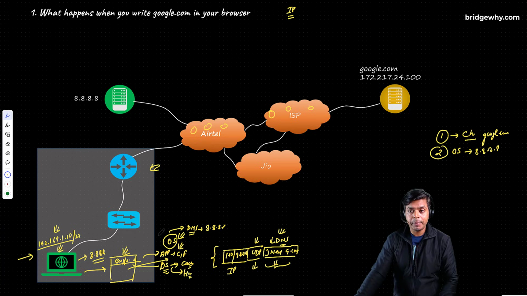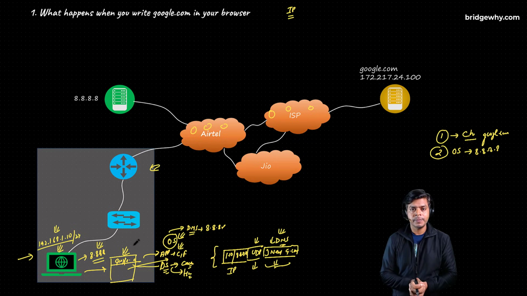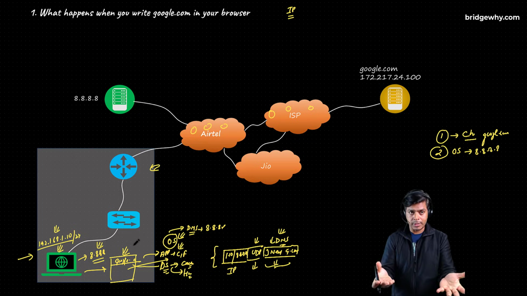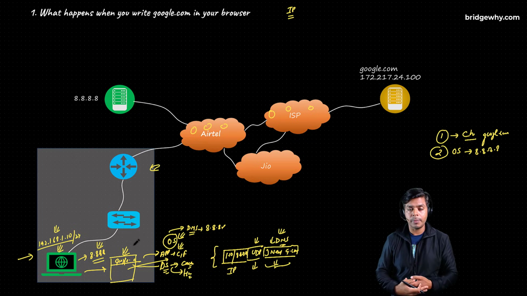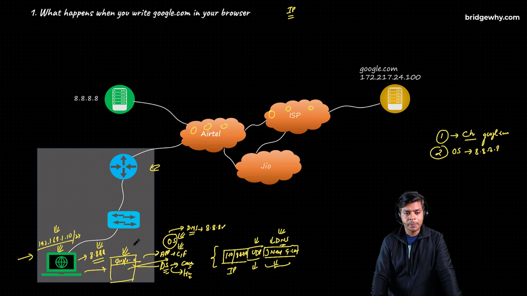But before sending, the PC will check that I am communicating to 8.8.8.8, and this is not in my network. It means that we are talking about communication between two different networks, and this was the topic of the third video of the series, where I explained how hosts communicate when they are in two different networks. And this is what the interviewer can ask, right? How can it go to 8.8.8.8?